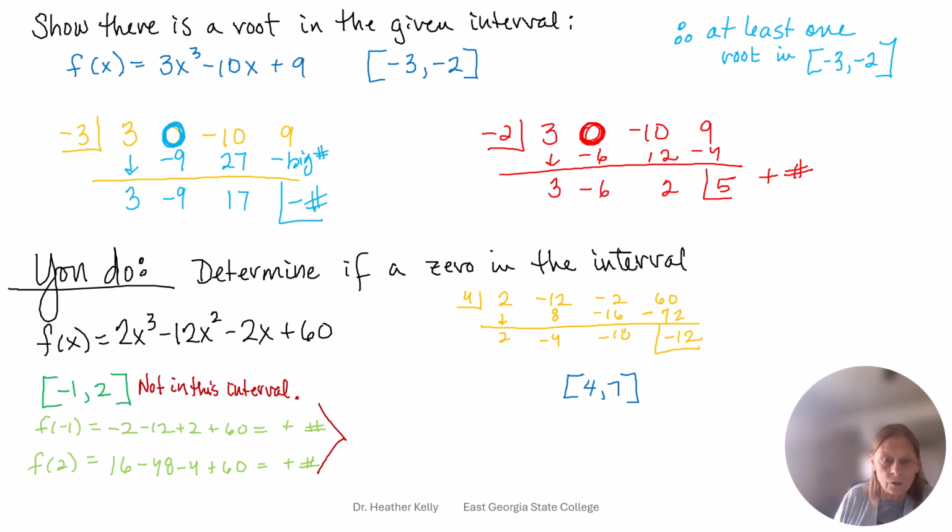And then let's do the other one here. 7 goes into 2, -12, -2, 60. Bringing down the 2. Here we have 14 gives us 2, 14 gives us 12, 84, positive number.